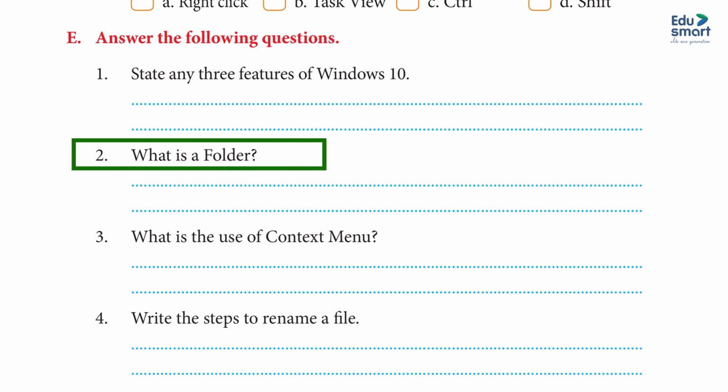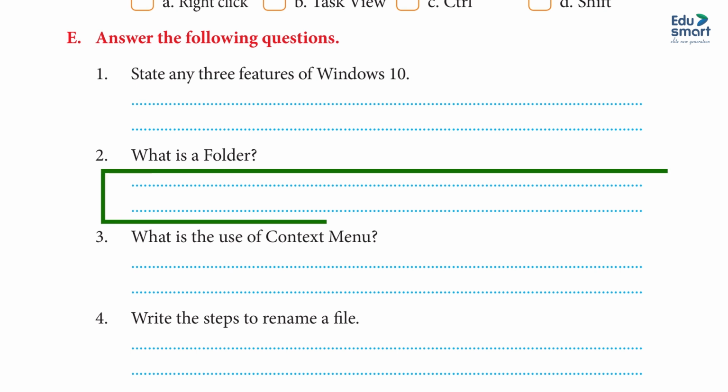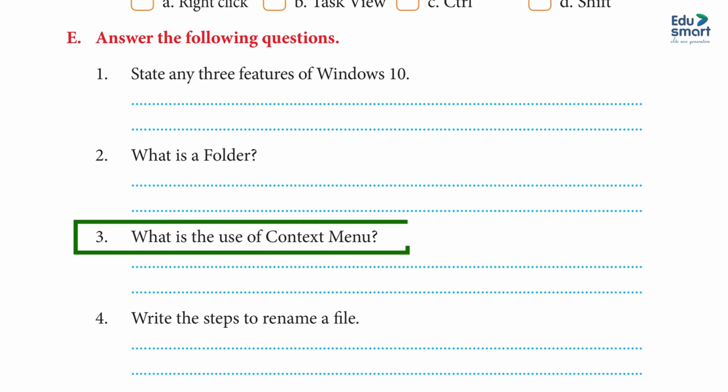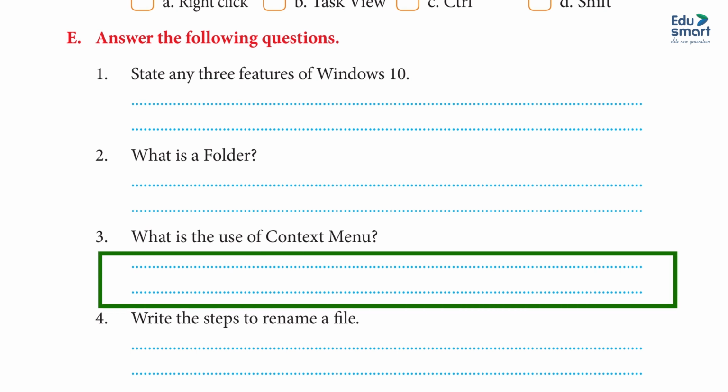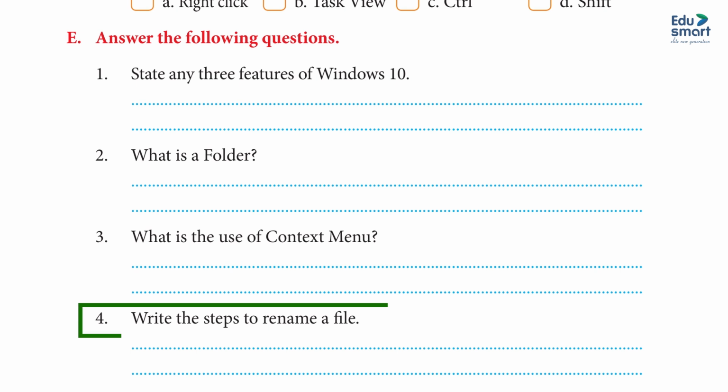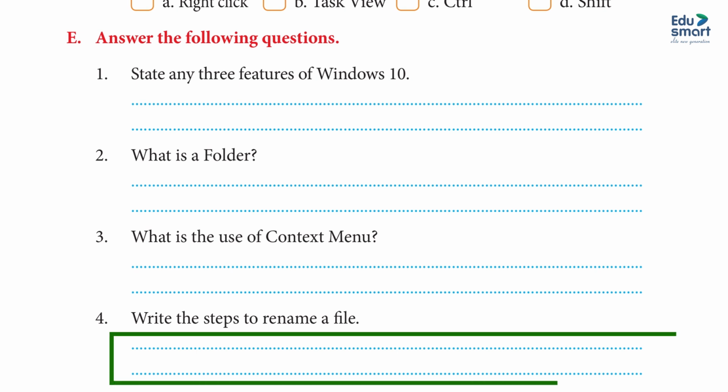2. What is a folder? Answer: A folder serves as storage for files or other folders. 3. What is the use of context menu? Answer: A context menu provides an option that can be accessed quickly. 4. Write the steps to rename a file. Answer: 1.